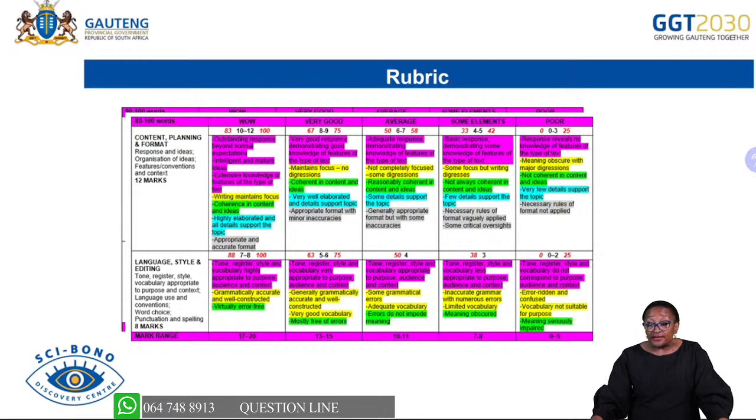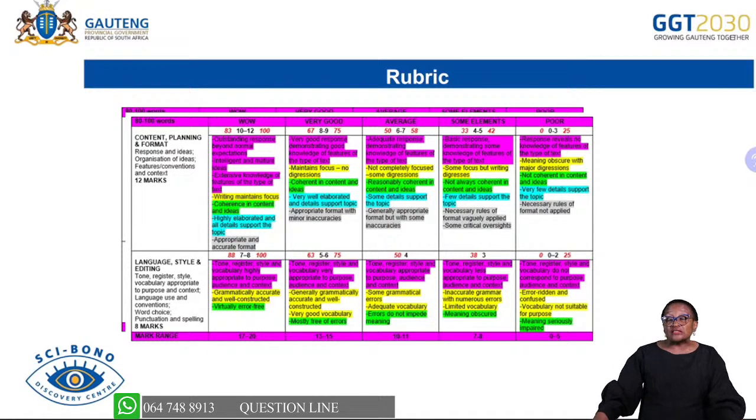Then we do have a lower category to that, which is called the very good or skillful category. And that ranges from 8 to 9 marks. Below the skillful, we have the average or moderate category. The marks thereof range from 6 to 7. And the next category is the elementary one.